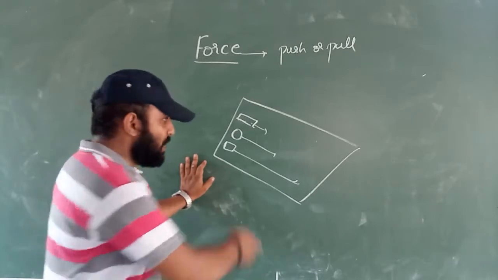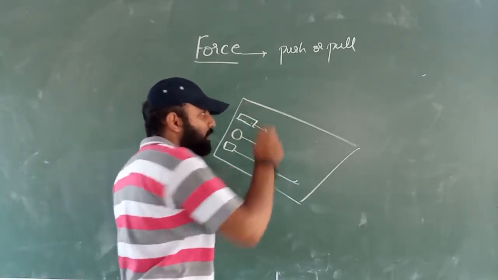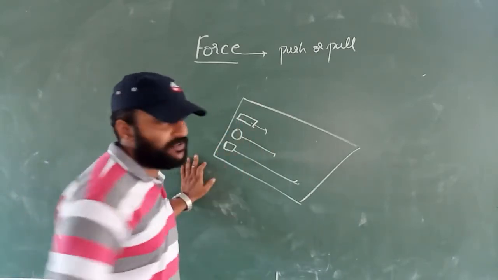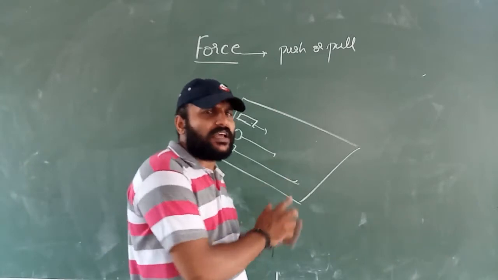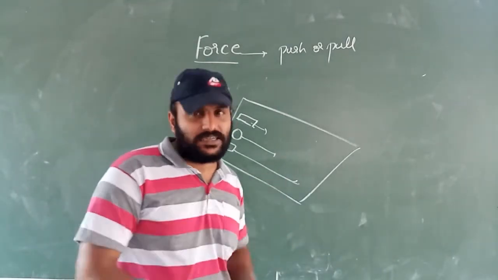That is the reason it covers more distance. The surface of the coin, compared with the eraser, is a little bit smooth. That is the reason it covered more distance than the eraser, and the surface of the eraser is rough. That is the reason it covers very little distance.